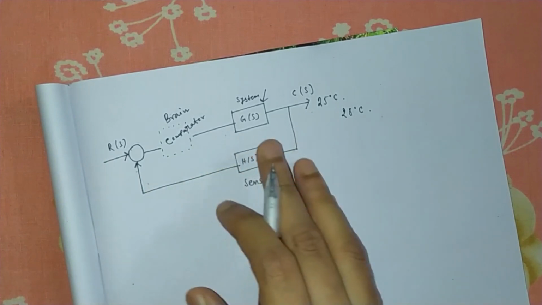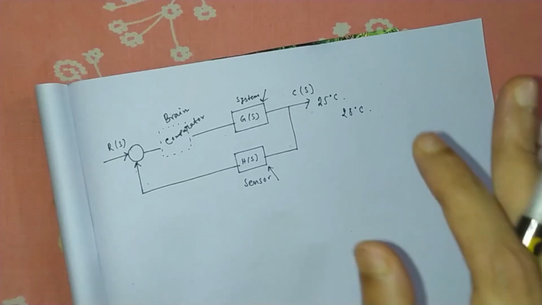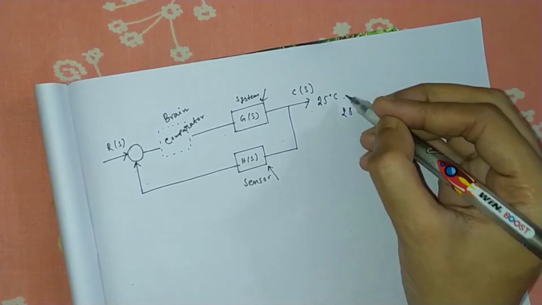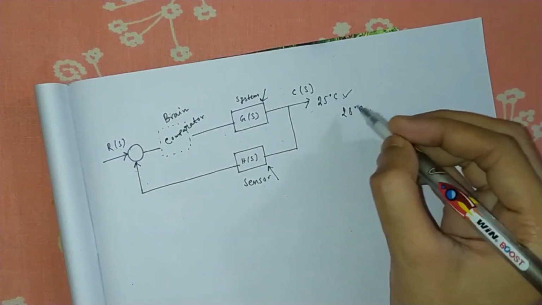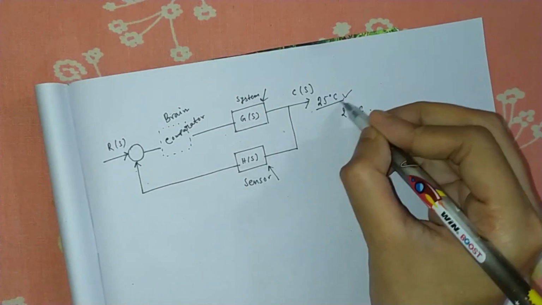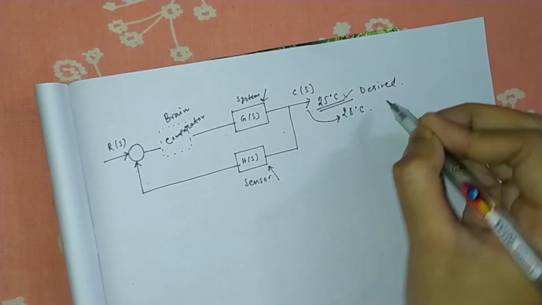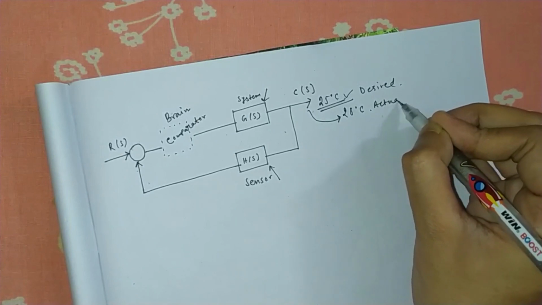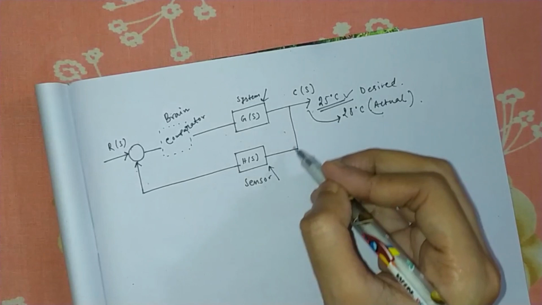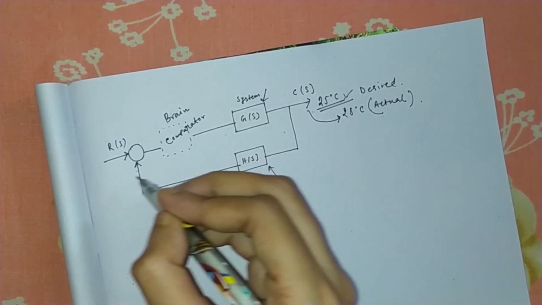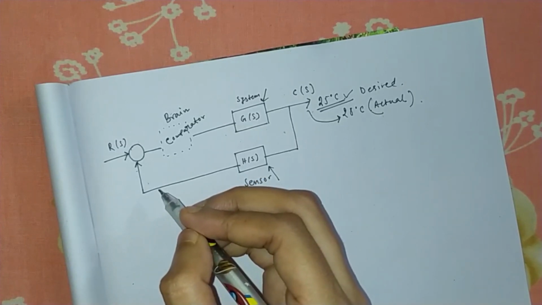It will automatically control the input, so that it will automatically get the output which I desired. So this is my desired, and this is my actual. This actual output is sensed by the sensor.